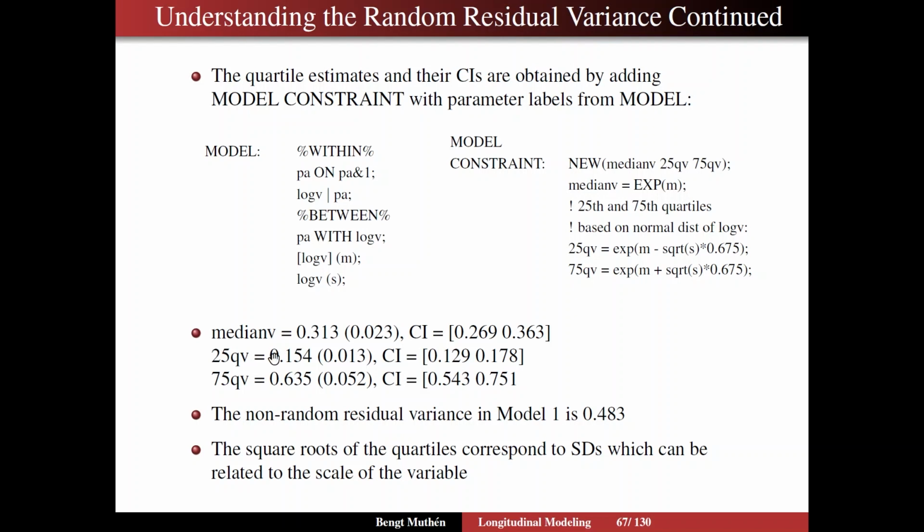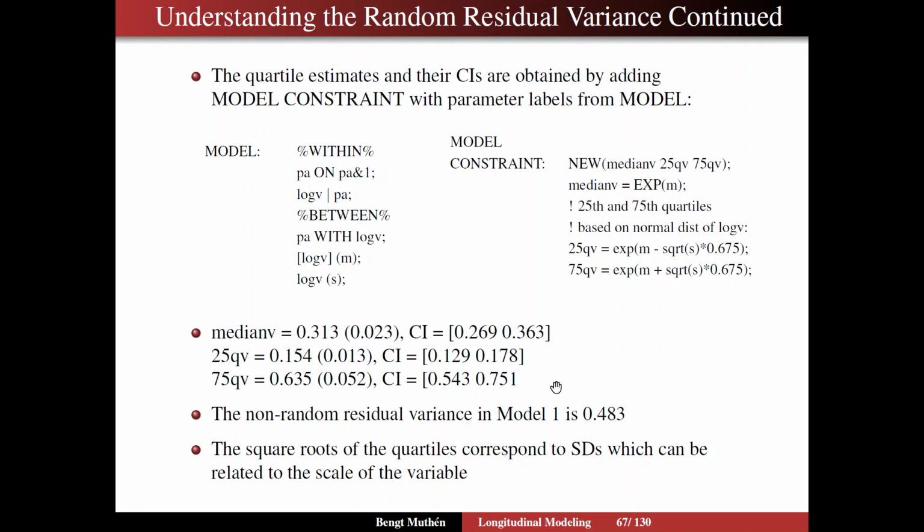If you take the square root of this and this, we get a feeling for how big the standard deviation is at these quartiles. You may want to scribble that the corresponding standard deviation is 0.4 for the 25th quartile and 0.8 for the 75th quartile.